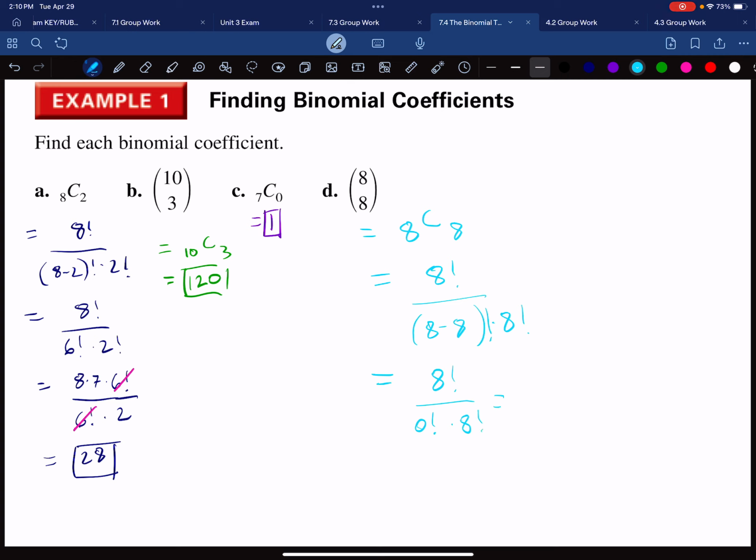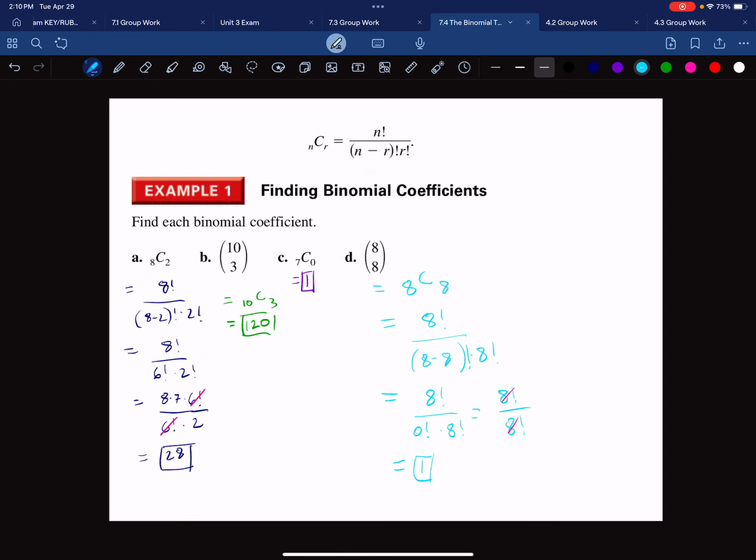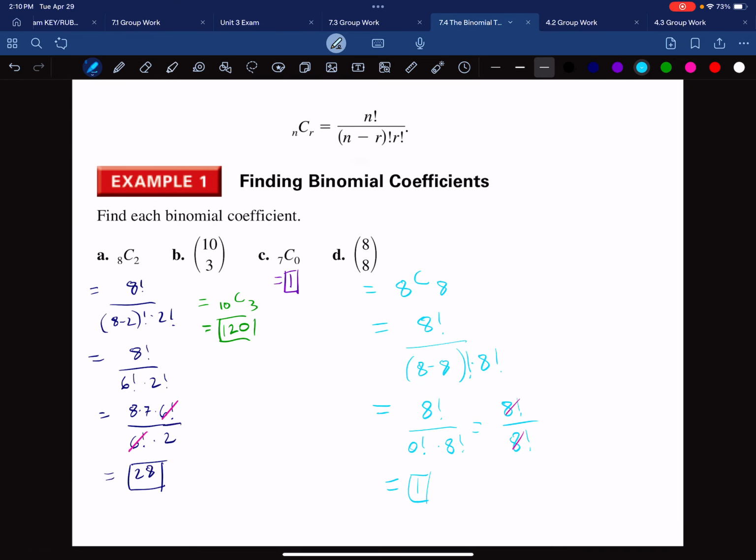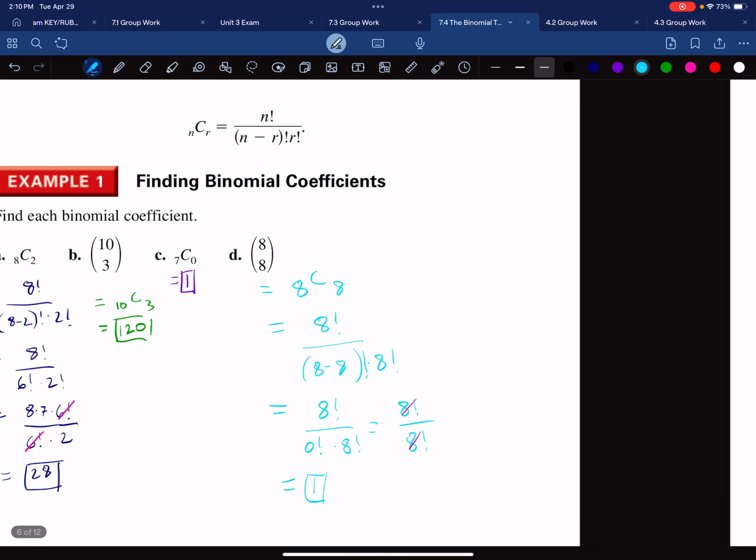Well, 0 factorial by definition is 1. So I have 8 factorial over 8 factorial, which divide each other out. Final answer is just 1. All right, so that's how we use our combination formula and where you can find it in your various technologies.